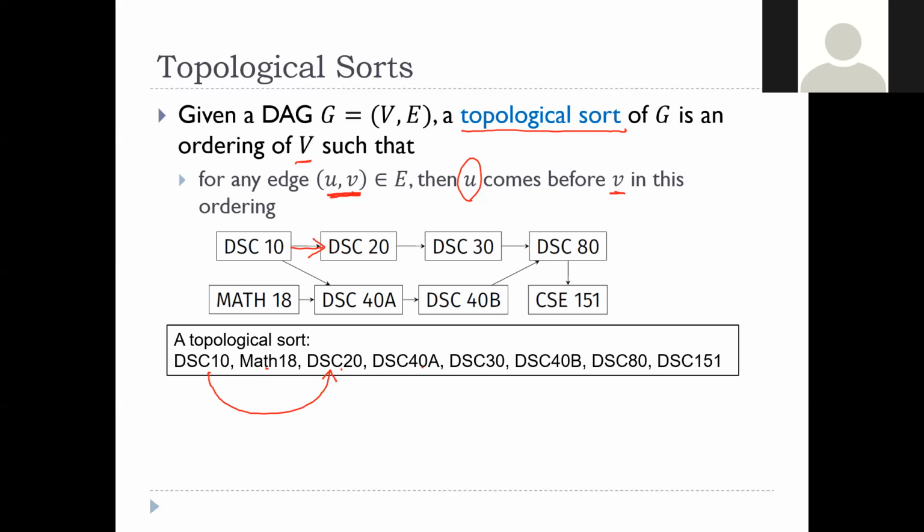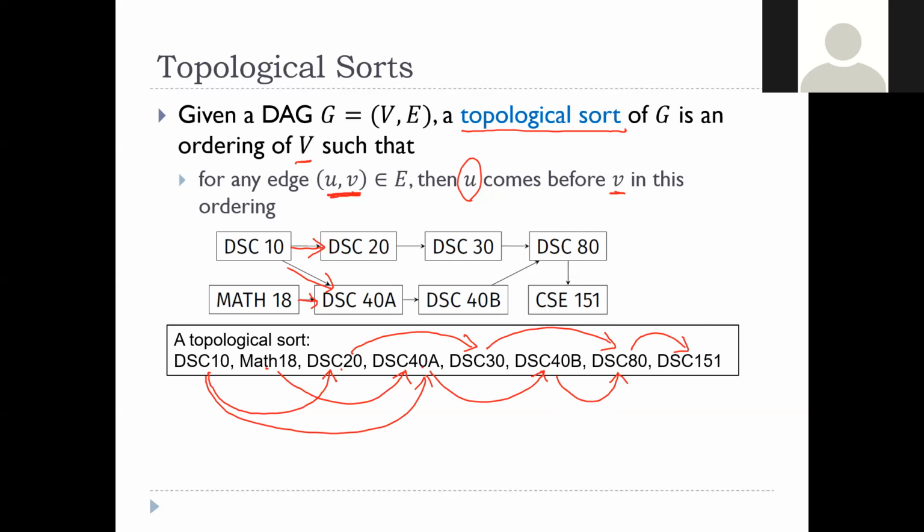Same here, I have an edge from Math 18 to DSC 40. This edge here is also going forward. You can verify that all the edges, 40A going to 40B, 40B going to DSC 80, and then the edge from DSC 80 as well. I have now plotted all the edges from this graph. As you can see, they're all going forward. So this is a valid topological sort.